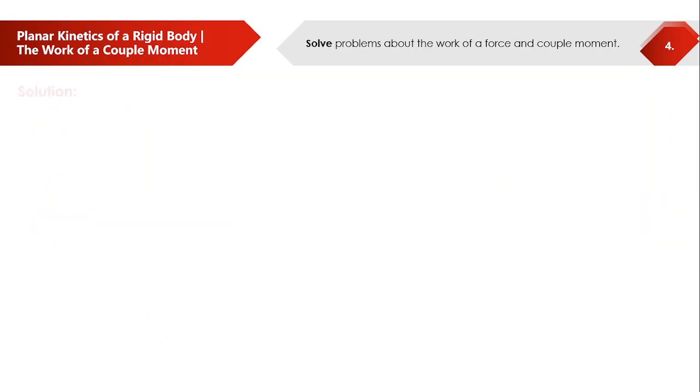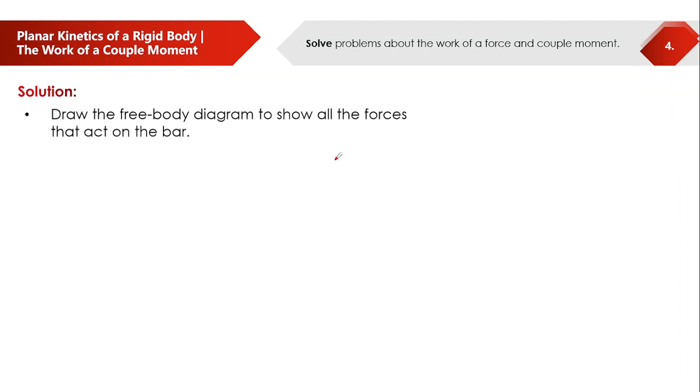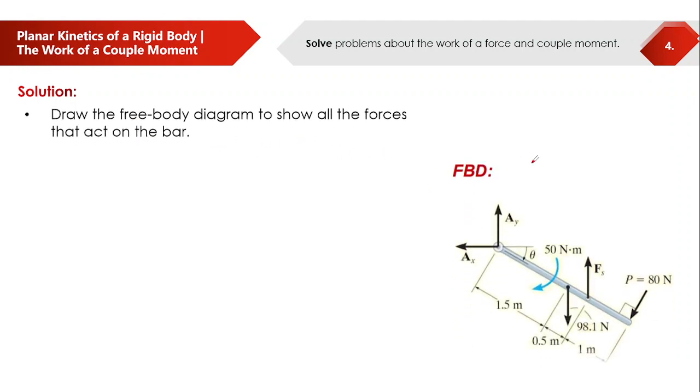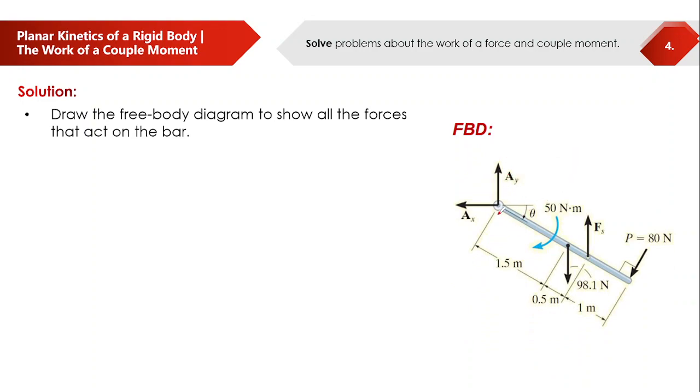Okay? So solution, of course, draw the free body diagram to show all the forces acting on the bar. Meron tayong support or reaction at the support. Meron tayong moment. Yung weight natin. Yung force ng spring.